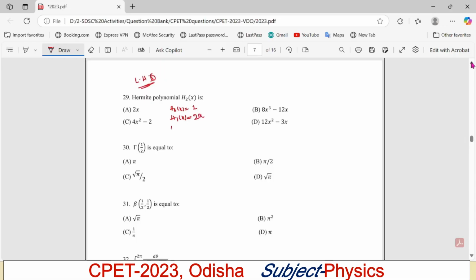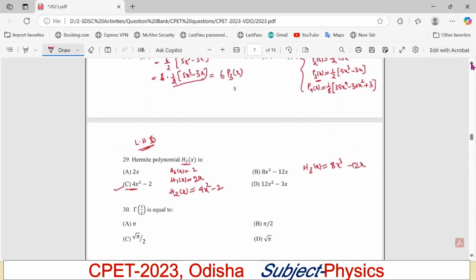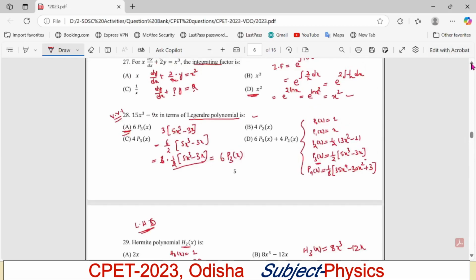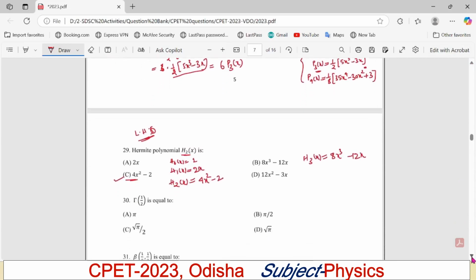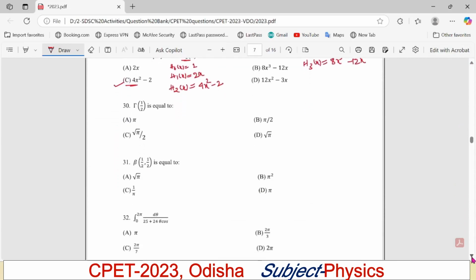H2(x) is your 4x square minus 2. So obviously the question asked H2(x), so option C is the correct answer. And H3(x) also you have to remember, at least 4, up to H3(x) is enough: 8x cube minus 12x. So I suggest you remember these 4 and these 4, at least up to P3 and H3, it is very good for your exams.